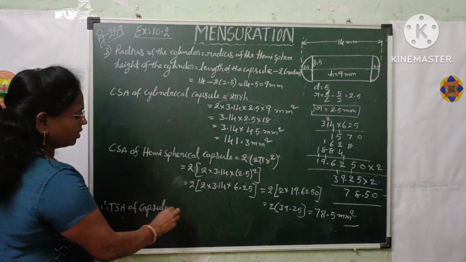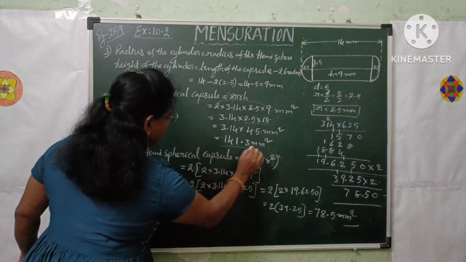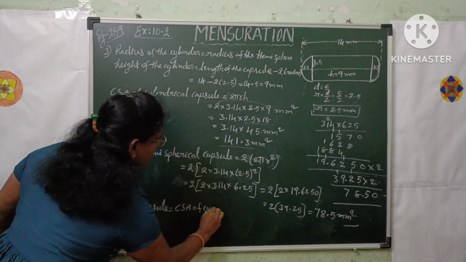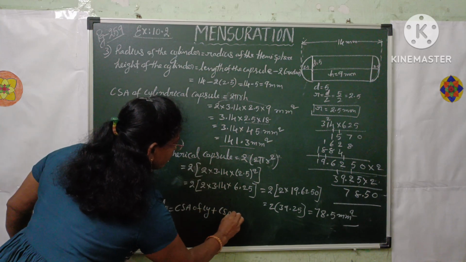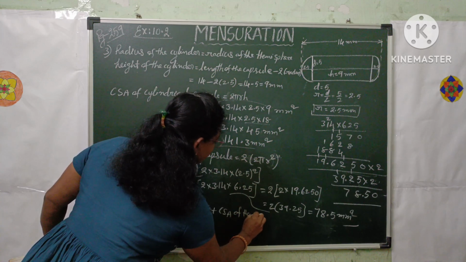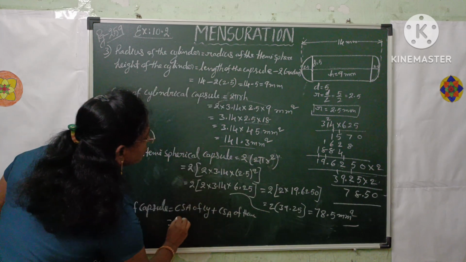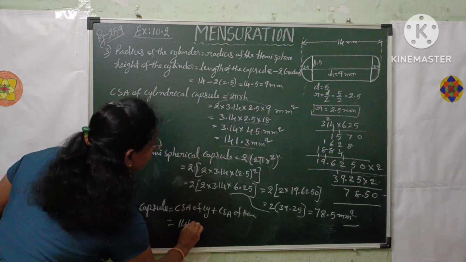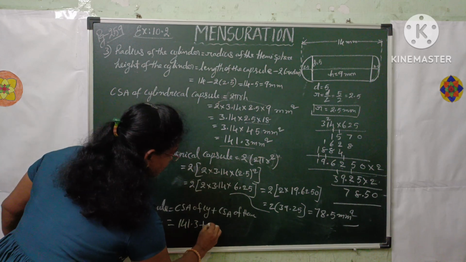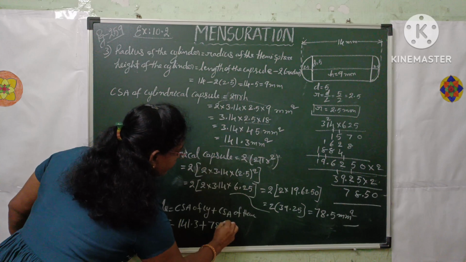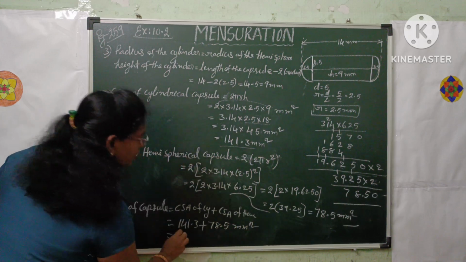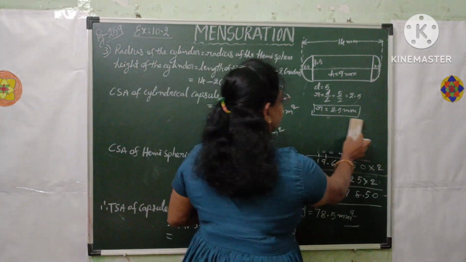That is CSA of cylinder plus CSA of hemisphere, that is equal to 141.3 plus 78.5 millimeter square. Add these both, how much will we get as the answer?